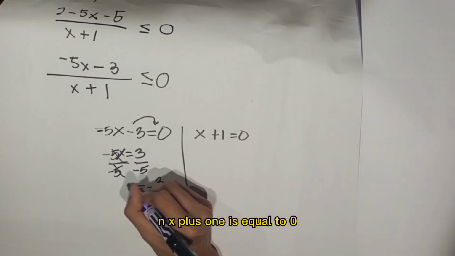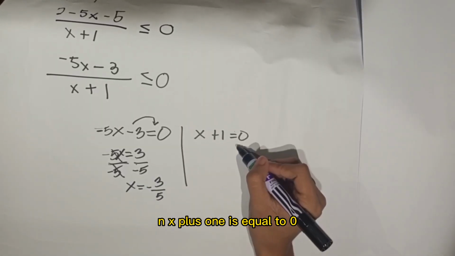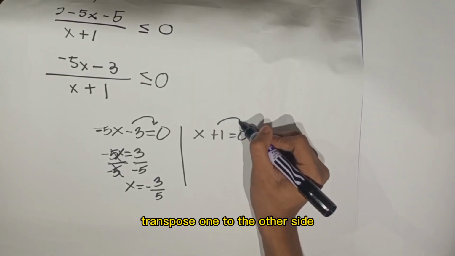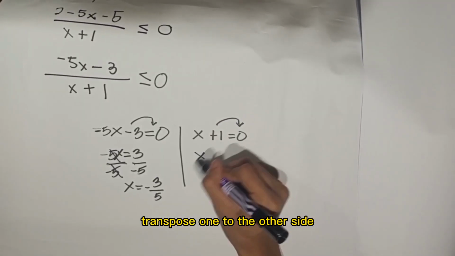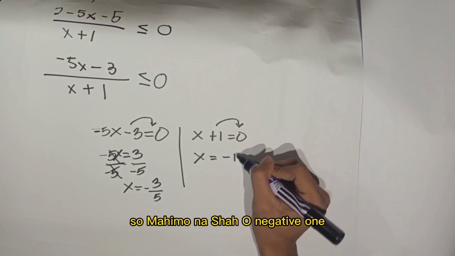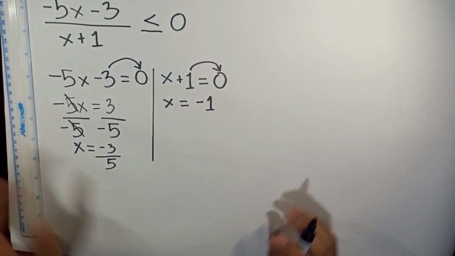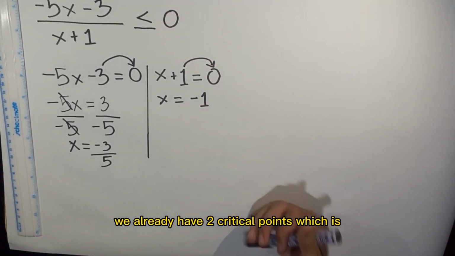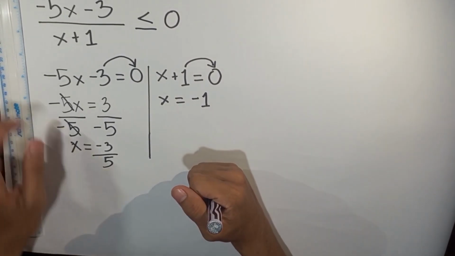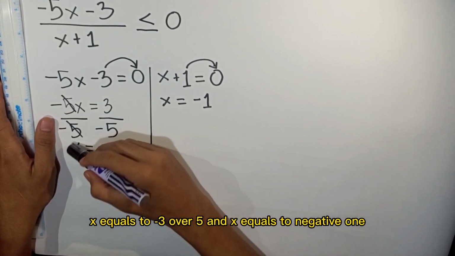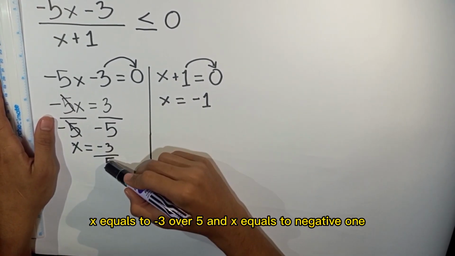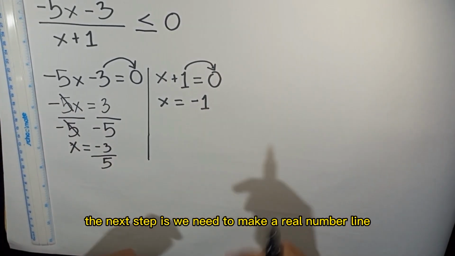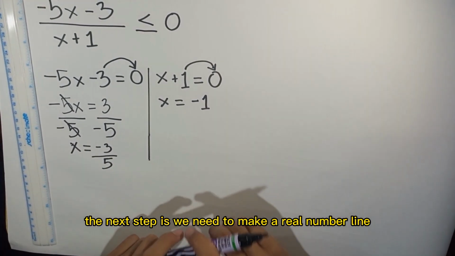And x plus 1 is equal to 0. Transpose 1 to the other side, so mahimo na siya og negative 1. As you can see, we already have two critical points, which are x equals negative 3 over 5 and x equals negative 1. The next step is we need to make a real number line.